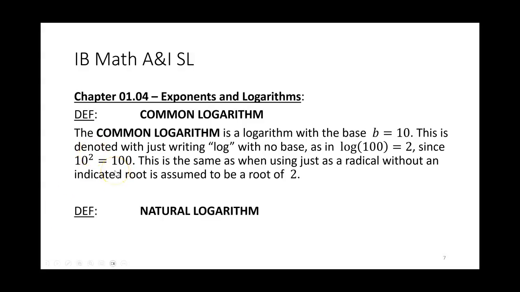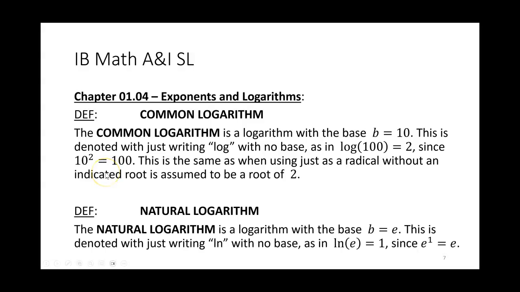And then the other is the natural logarithm. The natural logarithm is a log with base e. The notation we use for that is ln. So if you see an ln, that's not 1n or in, that's ln, and that just means log base e. And again, this should all be review, right?